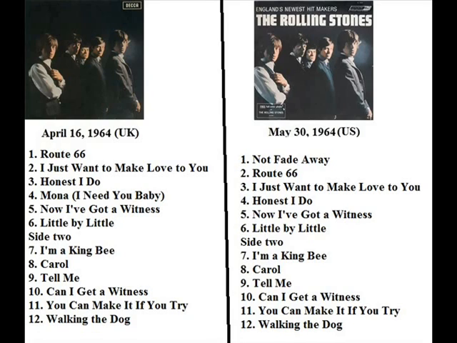Instead of starting at Route 66, the US album starts with Not Fade Away. But when it gets to where Mona would originally have been on the UK album, they just put the next song, I've Got a Witness, which is track 5 on both albums. And that's basically it. I don't know which track listing I'd prefer since they're basically the same, but I'd probably prefer the UK version, mainly because of the cover.